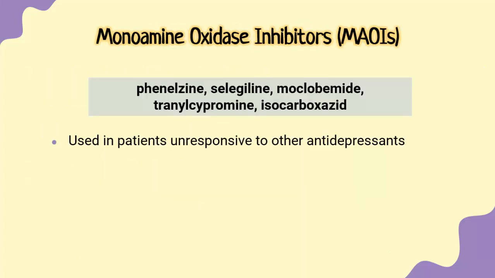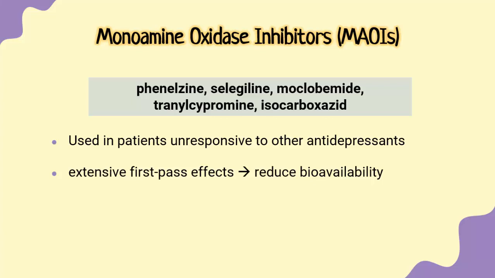Now, the fourth class of drugs is monoamine oxidase inhibitors, and the examples are phenelzine, selegiline, and moclobemide. Monoamine oxidase inhibitors are used in patients who are unresponsive to the other antidepressants that I mentioned before, the other three classes. One thing about monoamine oxidase inhibitors is they have extensive first pass effect. So this will reduce the bioavailability if the drugs are taken orally.